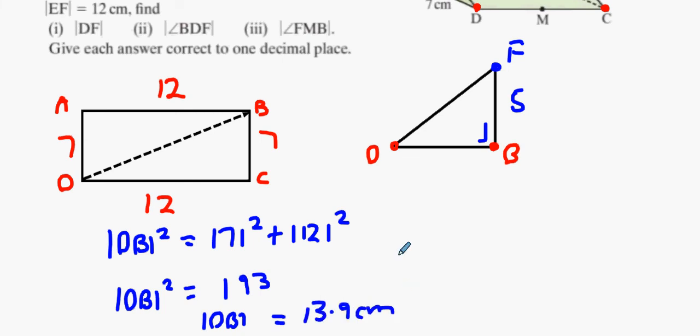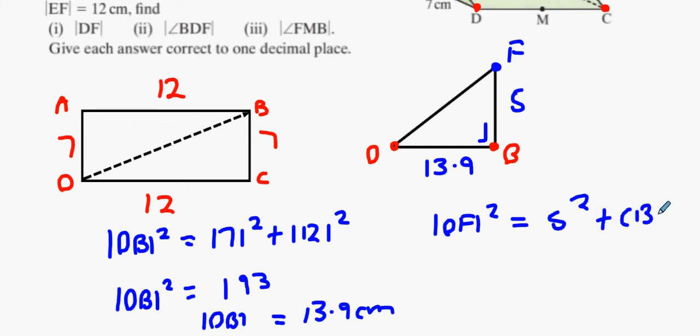Okay. Now, what does it want from me? DF, doesn't it? So we're going to do another Pythagoras theorem here. DF squared equals 5 squared plus 13.9 squared. And what do we get here? Put all that into the calculator. 219.21.